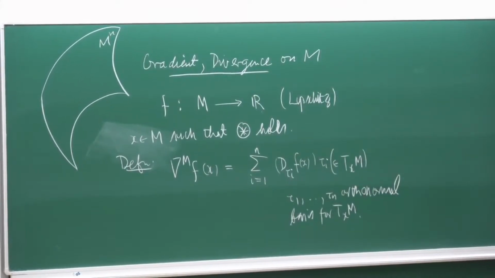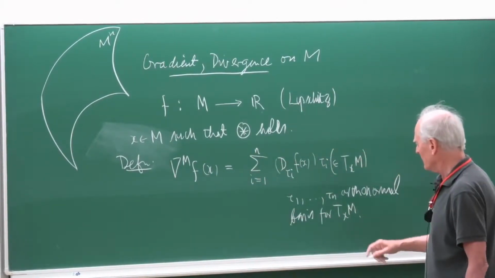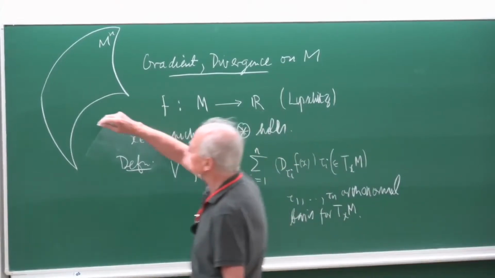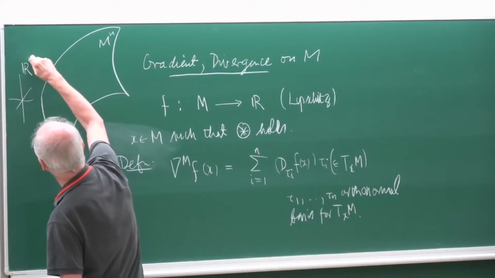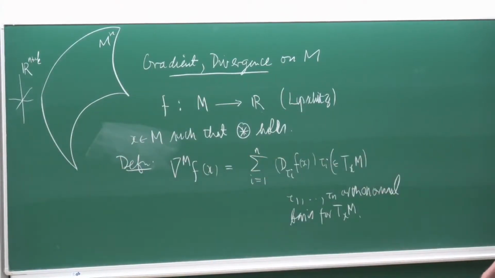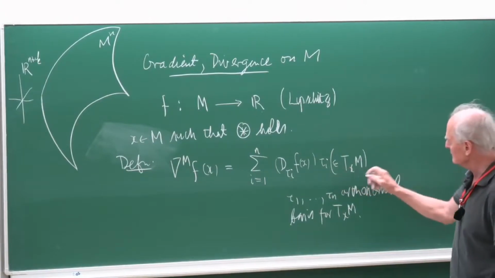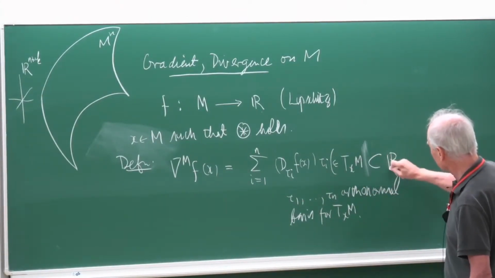So it's by definition certainly tangent, and while we're at it, let's keep in mind that our submanifold here is sitting in a high-dimensional Euclidean space, R^(n+k). So these tangent vectors are all in R^(n+k).